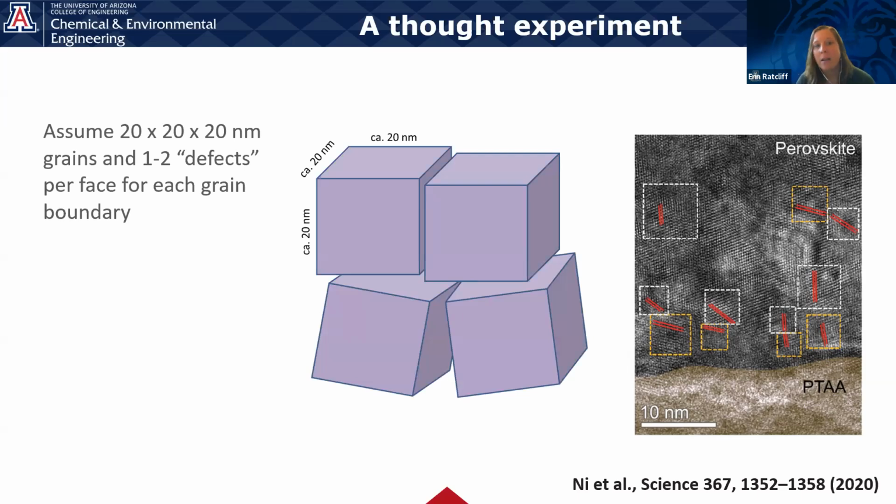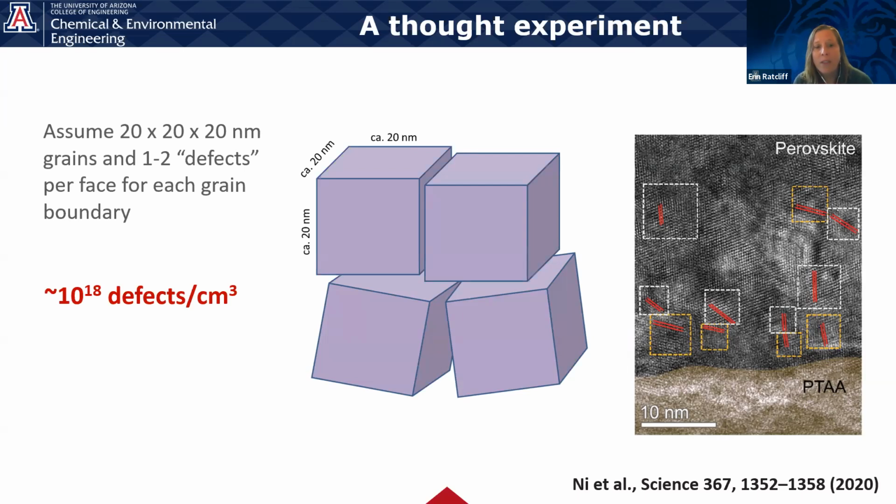If we make an approximation and assume 1 or 2 defects per face of each of these grain boundaries, this quickly leads us to defects on the order of about 10 to the 18th defects per cubic centimeter within the bulk side of the perovskite.